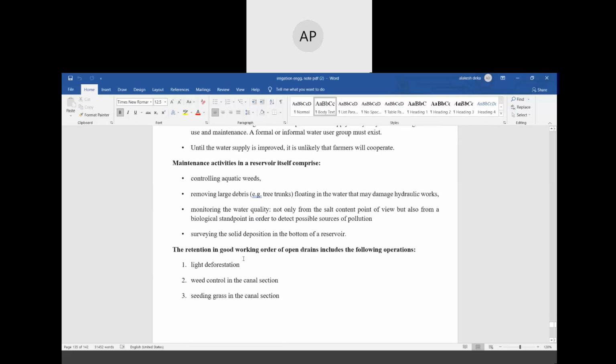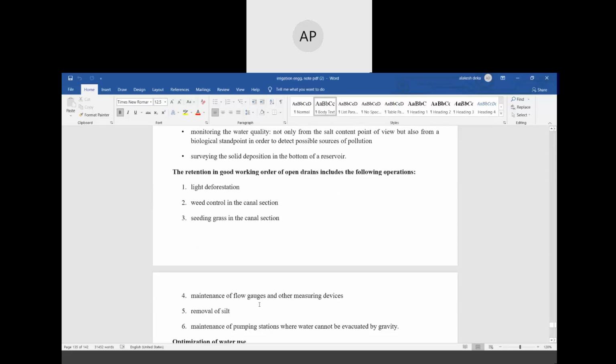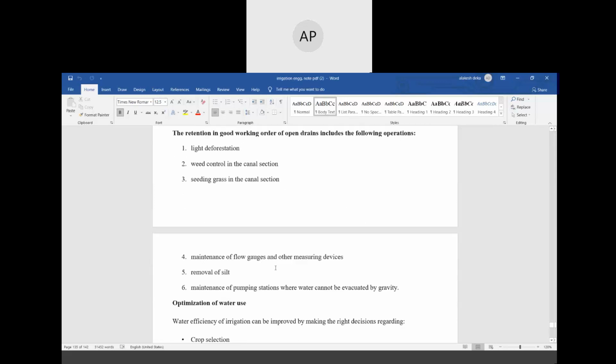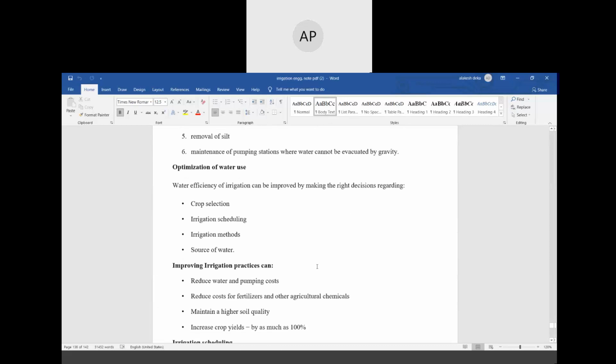The retention in good working order of open drains includes the following operations: light deforestation, weed control in canal sections, seeding grass in canal sections, maintenance of gauges and other measuring devices, removal of silt, and maintenance of pumping stations where water cannot be evacuated.